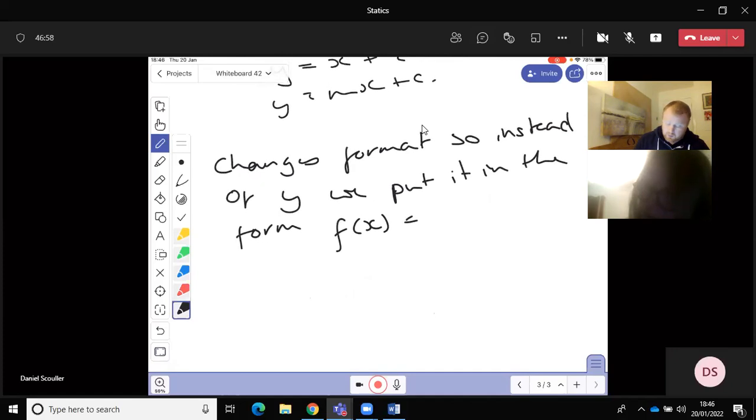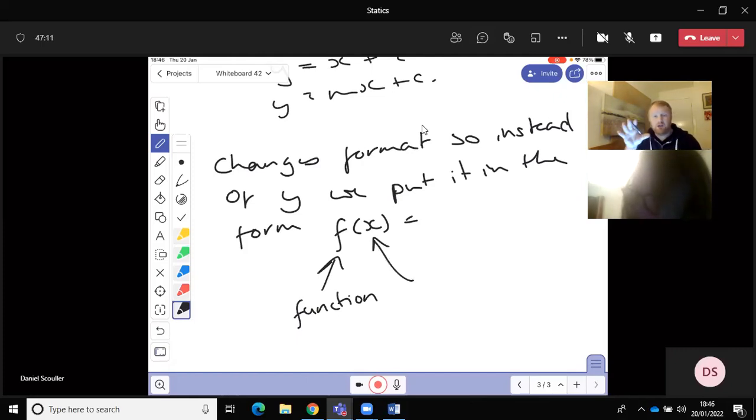All that means is f just means it's a function. And the letter in the brackets, and that letter can change. I've just put f(x) because the x is the most common. That's just the function of that letter. So that will be the variable in the equation.